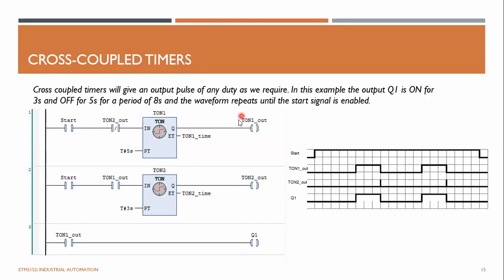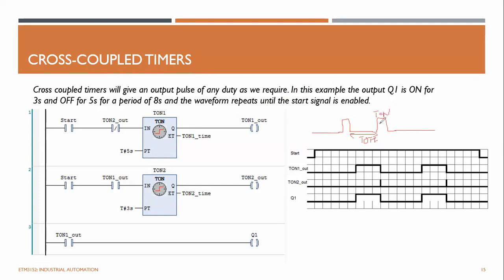Another interesting use of timers is using cross-coupled timers. For example, if you want to develop a PWM signal, this kind of pulsating signal, you have this T off time here, whatever the desired off time you can use there, and this is the T on time, right?